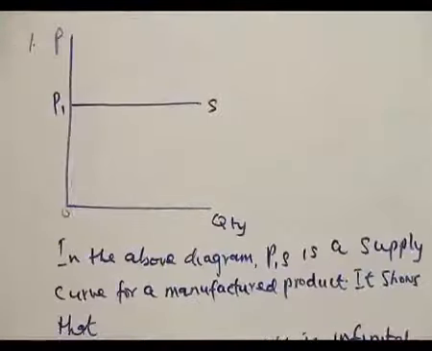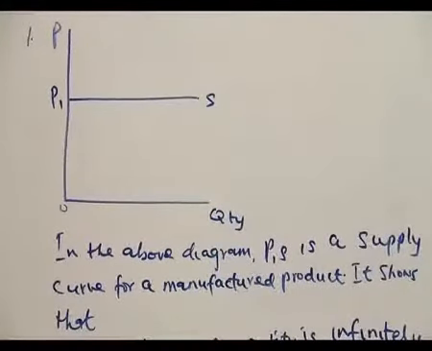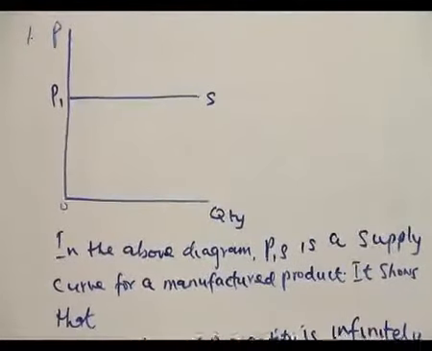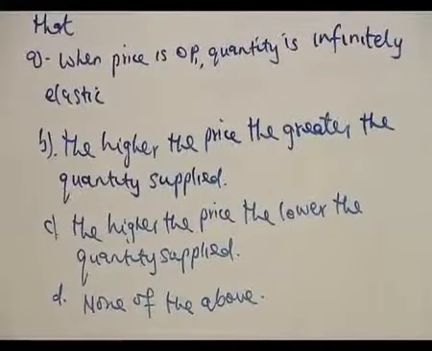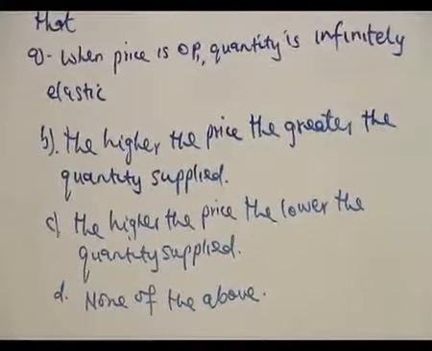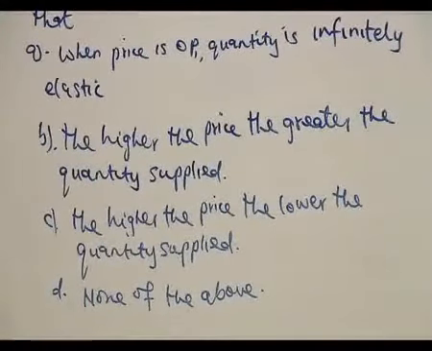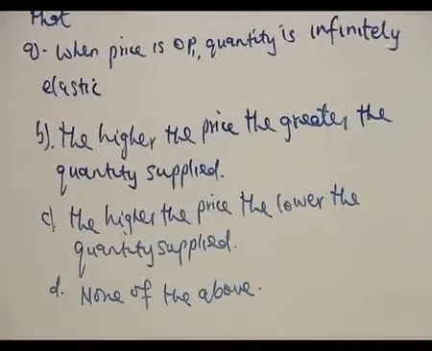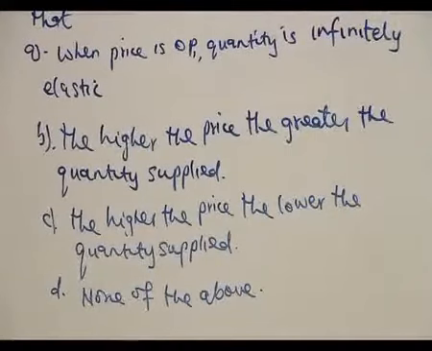Question 1. In the above diagram, P subscript S is a supply curve for a manufactured product. It shows that A. When price is OP1, quantity is infinitely elastic. B. The higher the price, the greater the quantity supplied. C. The higher the price, the lower the quantity supplied. D. None of the above.